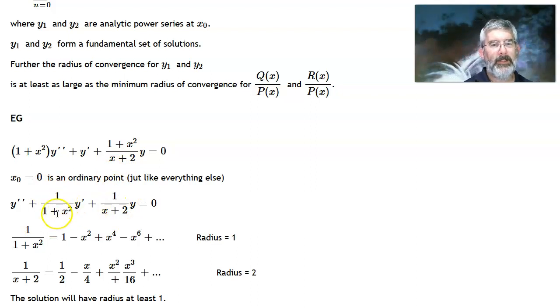And so this one I can write at 0, so I'm looking at the Taylor polynomial at 0, which is 1 minus x squared plus x to the fourth. This is actually a geometric series. Remember geometric series, you have a starting thing and you multiply by the same thing each time to get to the next term.